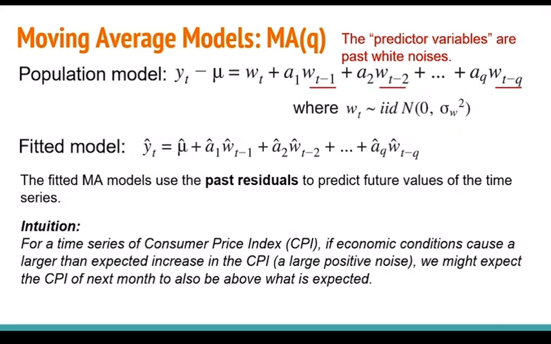If economic conditions cause a larger than expected increase in CPI, a large positive noise, then we might expect the CPI of the following month to be above what we would otherwise expect. So that's an example of moving average.